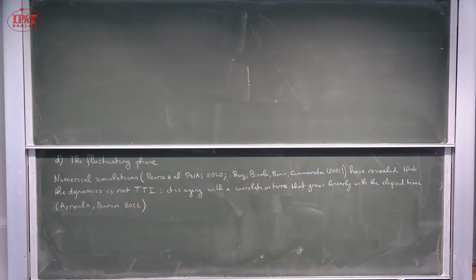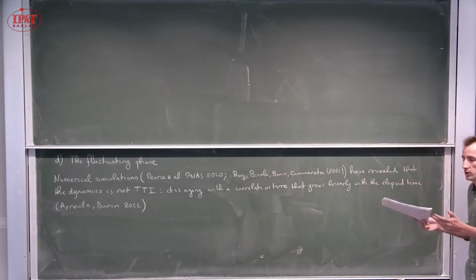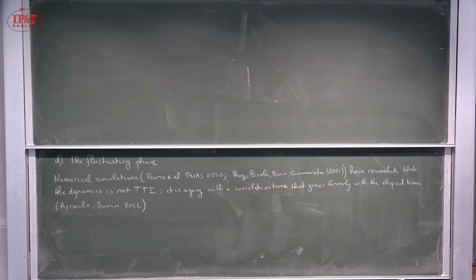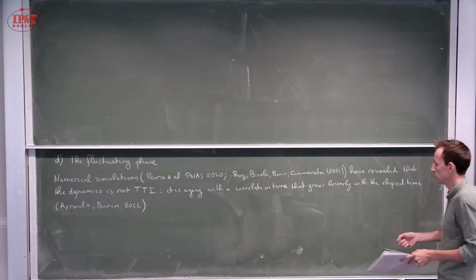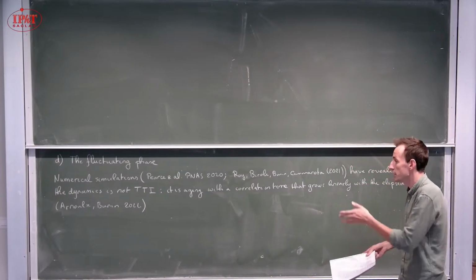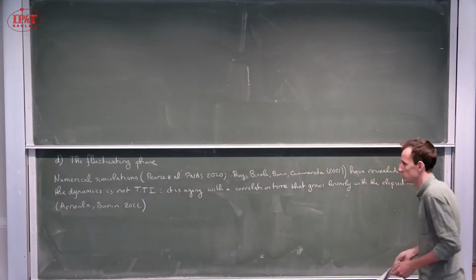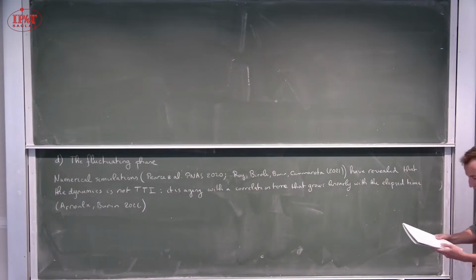In fact, it happens in every sort of randomish dynamical system in large dimension, neural networks for instance. This is quite specific to what's happening here. It's been found since in other classes of models that still respect the fact that you have extinctions, this distinctive feature of population dynamics, and it's generic. The fact that it's aging and not time translation invariant is generic once your disorder is strong enough.